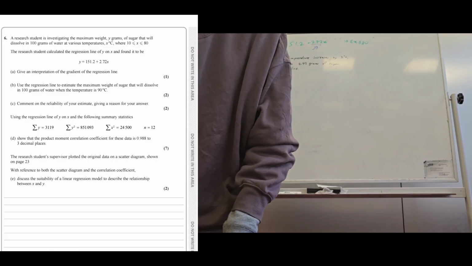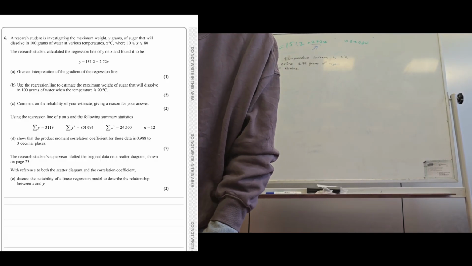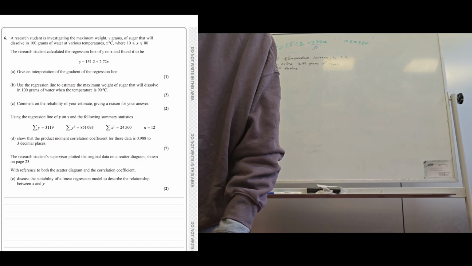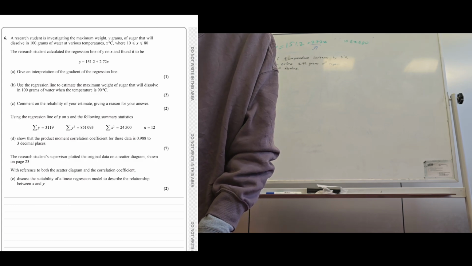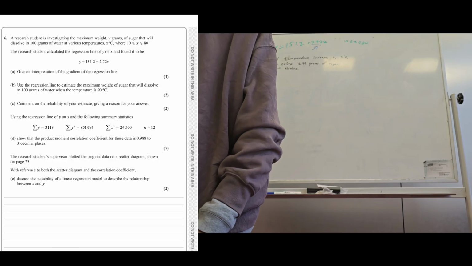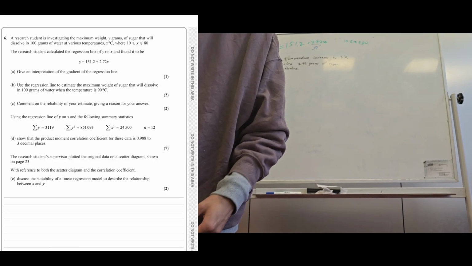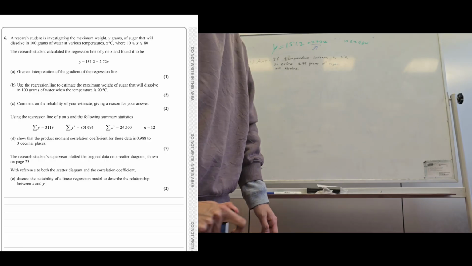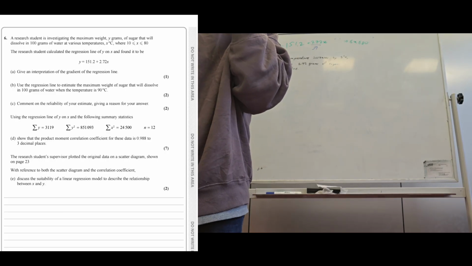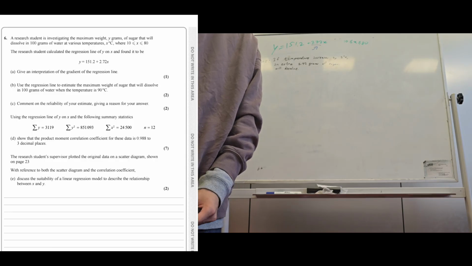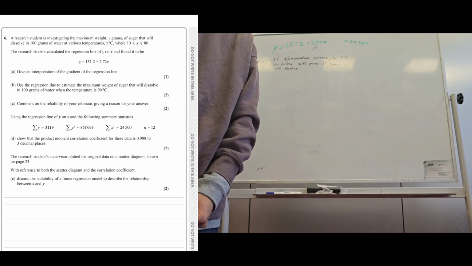Alright, let's go to number B. Use the regression line to estimate the maximum weight of sugar that will dissolve in 100 grams of water when the temperature is 90 degrees. The words 100 grams of water are kind of a red herring, to confuse you.